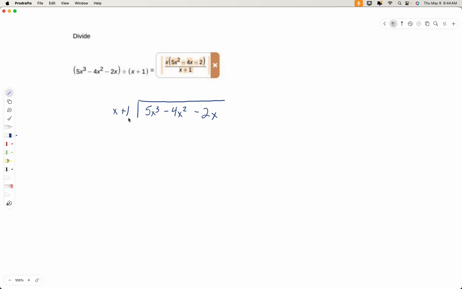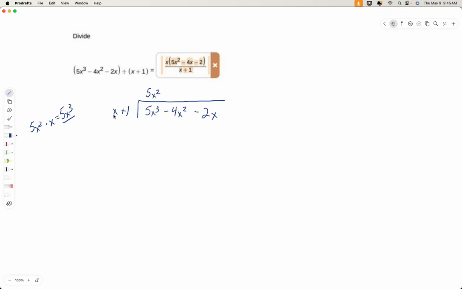Okay? So step 1, we set it up in a box. Step 2, we ask ourselves, what times x gives us 5x cubed? Well, that's 5x squared. 5x squared times x equals 5x cubed, right? And that's the number we're looking for. So that's the number that goes up here.